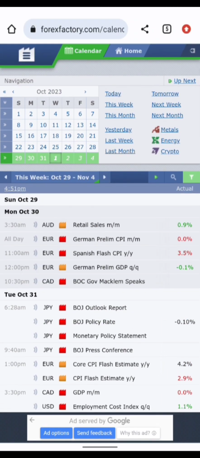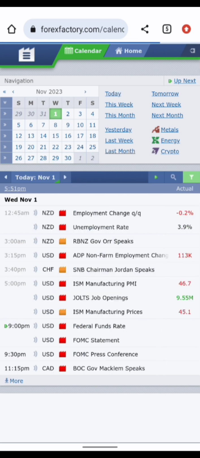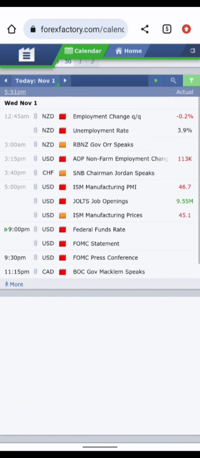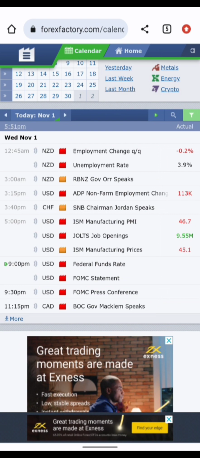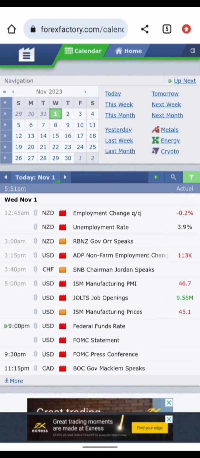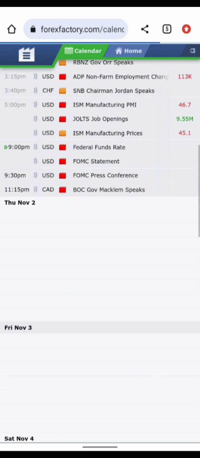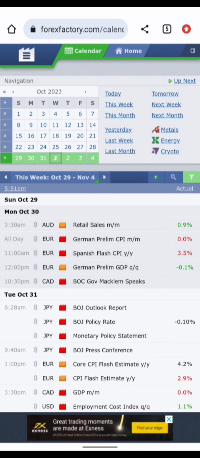If I want to check out today, I click today. These are the events for today: the medium, high, medium, and low impact. If I want to check out this week, these are the news for this week. Next week, click next week.